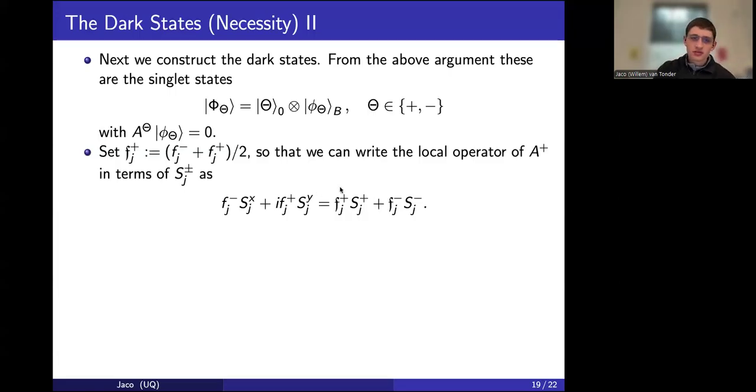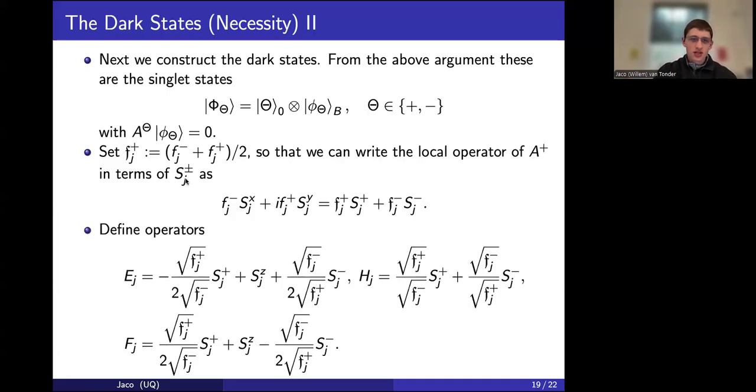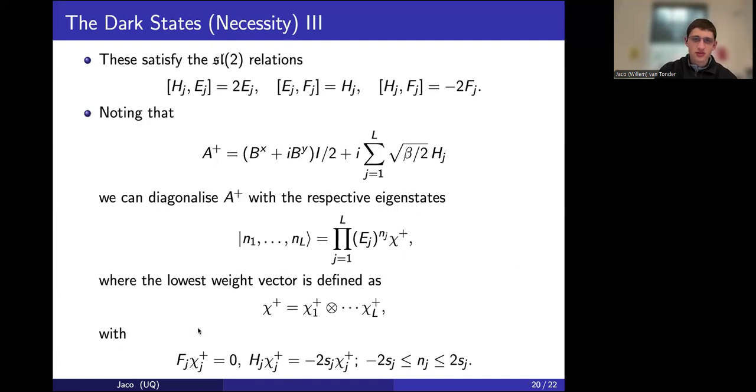And then we first rewrite our operator in terms of the plus and minus operators. And then we can define these operators, basically the SL2 operators. So we get some representation of the SL2 algebra.